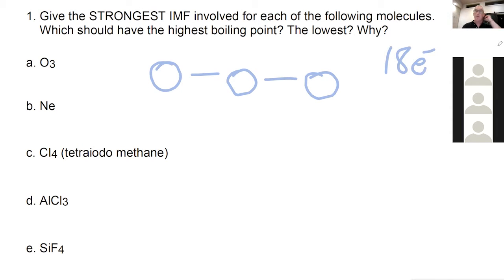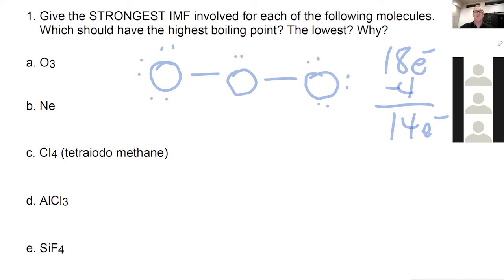So how many do we have in bonds right now? 4. So we should have 14 electrons left. As we usually do, we'll put them on the outside first and then work our way into the middle. So 2, 4, 6, 8, 10, 12, and then we have 2 left over, and they go in the middle, 14.